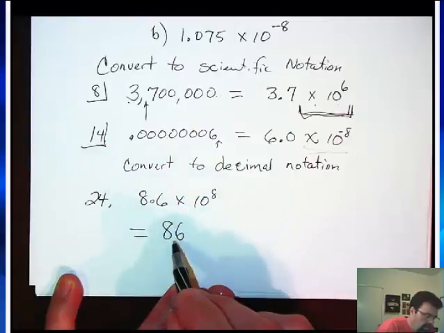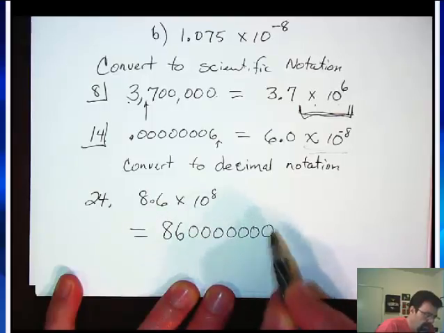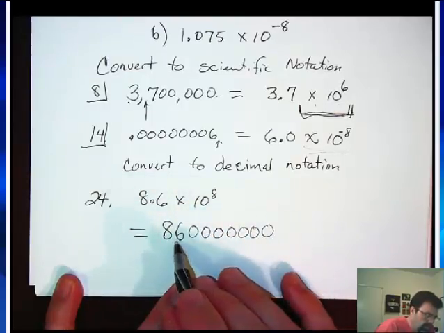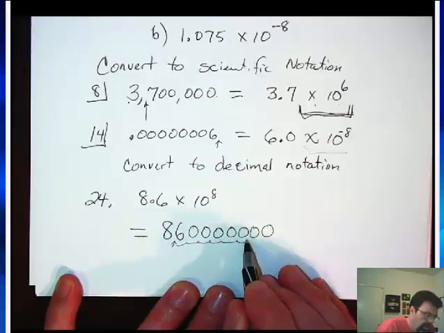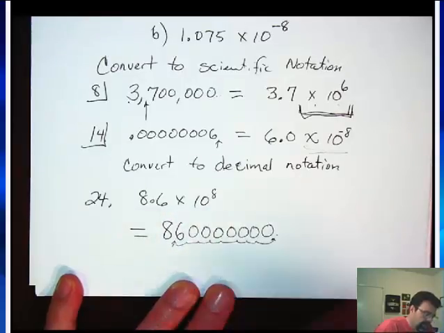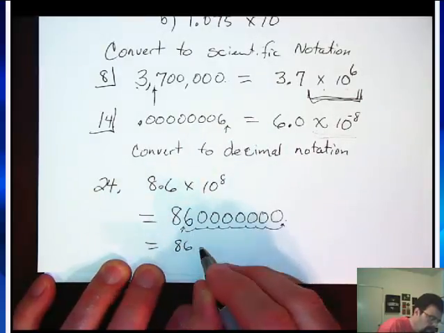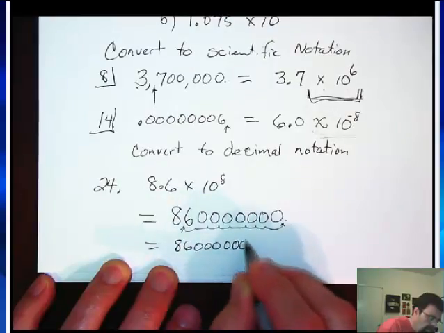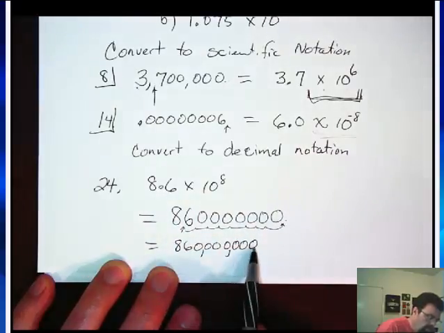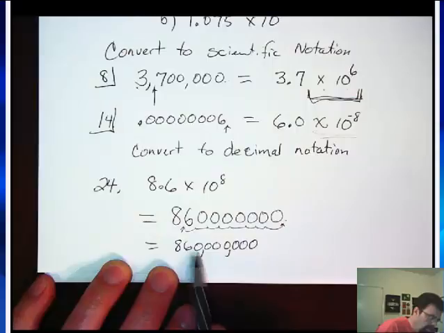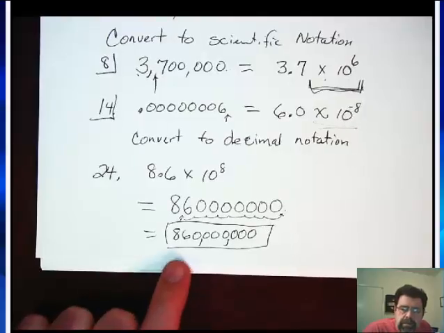So that's 1, 2, 3, 4, 5, 6, 7, 8. Double check that. So it was there. So 1, 2, 3, 4, 5, 6, 7, 8 moves to there. All right, that's right. So that's 860 million.